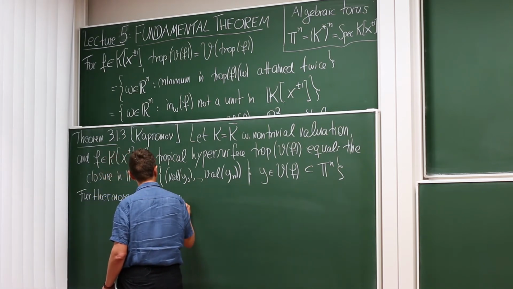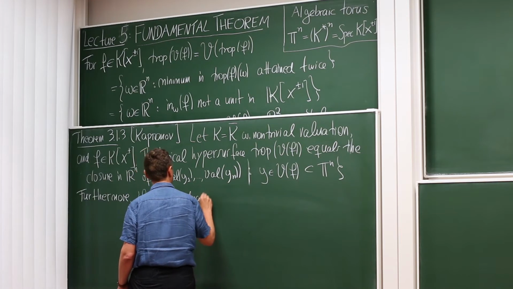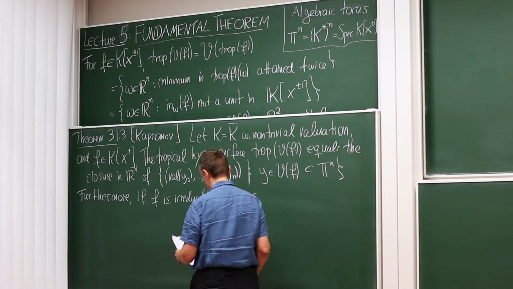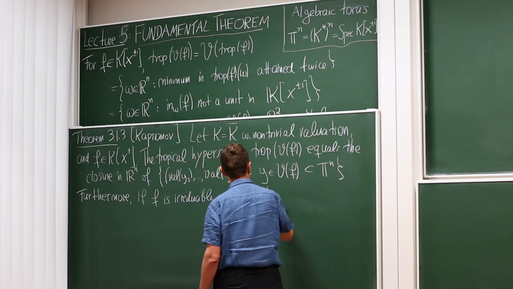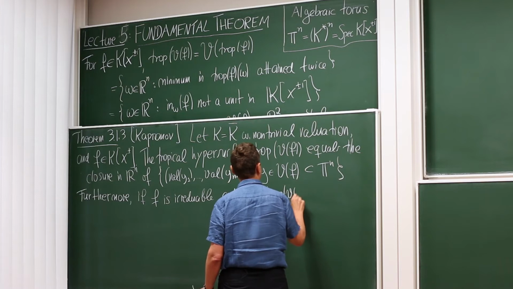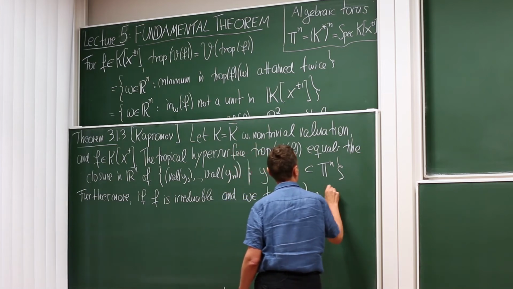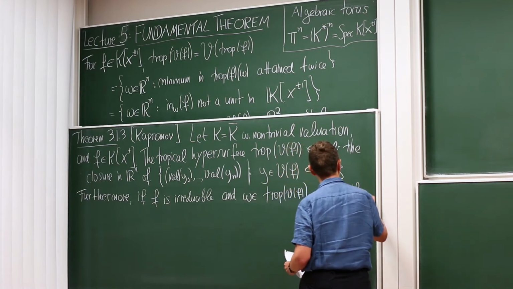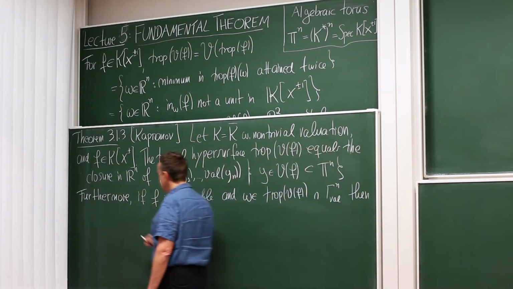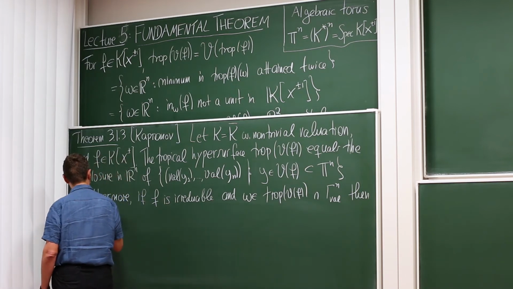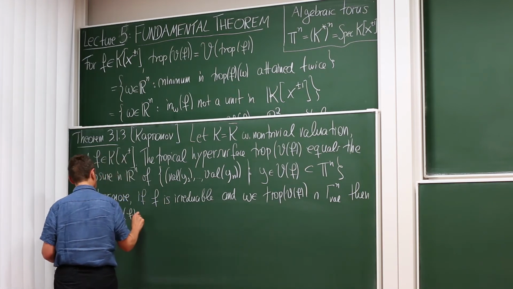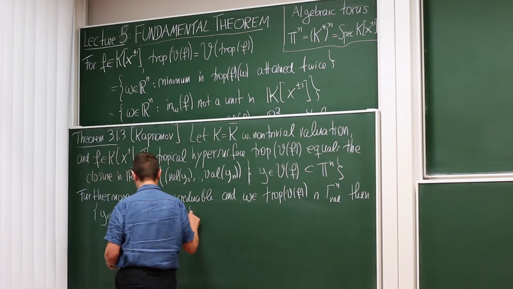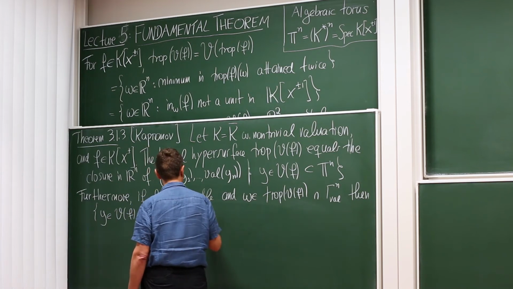If f is irreducible and W is in the tropical hypersurface, and we need to assume that its coordinates are in the value group, then the fiber, the set of all classical points that attain the prescribed W for its valuation, is really big.